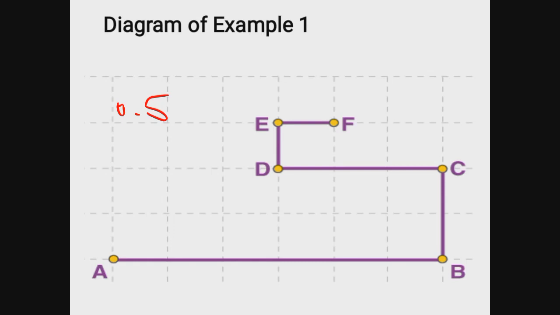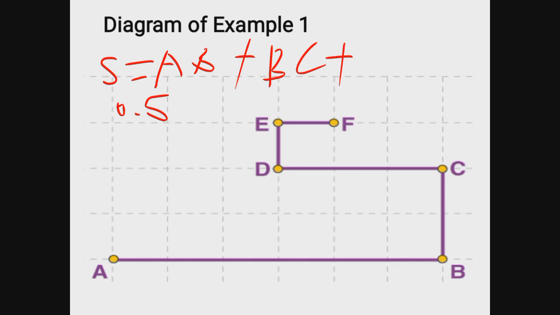Using the second slide, to get this distance, which is S, the distance covered by the moving object will be the distance covered during line AB plus the distance covered during line BC plus the distance covered during line DE plus the distance covered during line EF, and that will give us the total distance covered by the moving object. And now we need to calculate that if each of these tiles is 0.5.